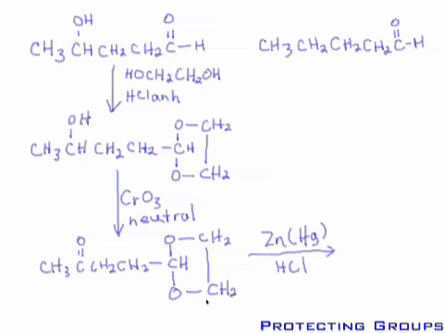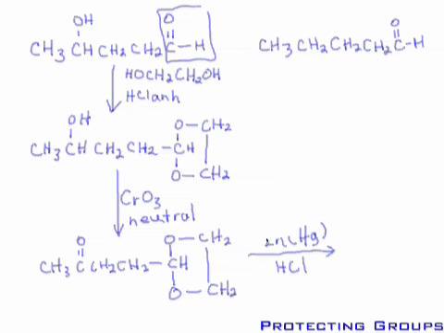Our protecting group is not stable in acid. That means it's going to go back to the aldehyde, and when it does, the zinc mercury will reduce it. As a result, we have a major problem here in that our reagent is not compatible with the protecting group.